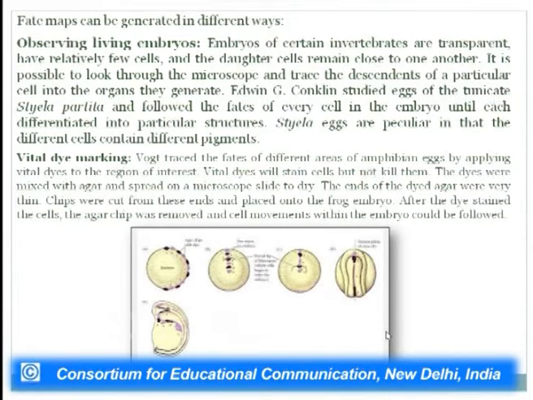The chip was placed over the cells, the stain went into the cells, they were still live, and they still moved, and we can follow the movement because now they are stained and we can trace where these cells are going. For example, in this case they have placed it here, and now they can follow how they are becoming part of the neurula, and this might be the neural ectoderm. So, this is how the fate map can be generated.